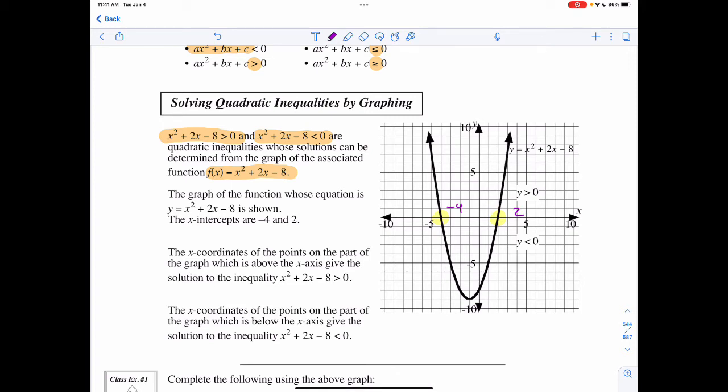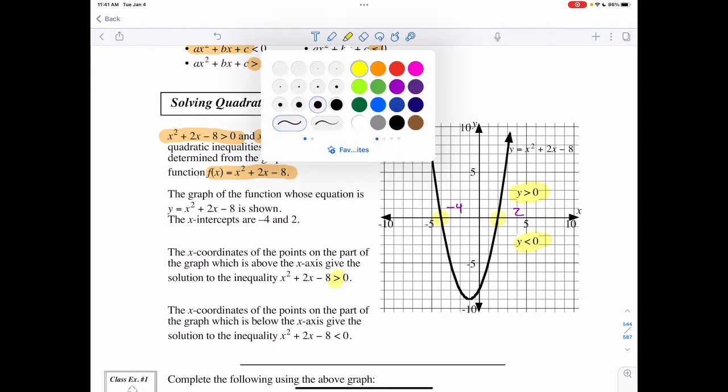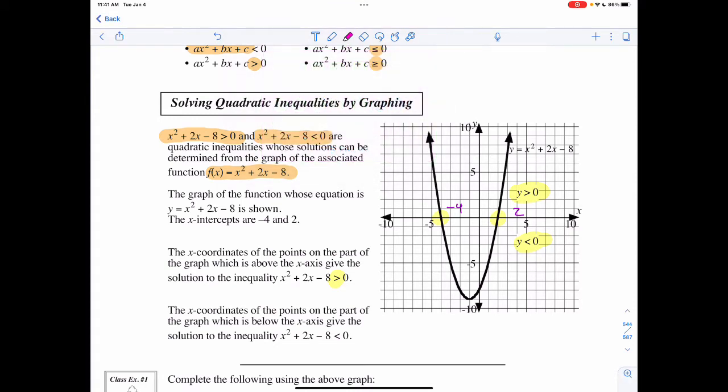Then we can think of it, as we can see on the graph here, as when y is greater than 0, or the f of x part is greater than 0, or when y is less than 0. The x-coordinates of the points on the part of the graph which is above the x-axis give the solution to when it is greater than 0. So I can highlight what all those values are when it's greater than 0.